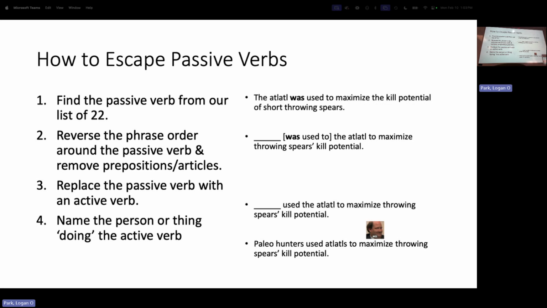But it is not particularly effective for us as storytellers, as interpreters, as people who are working to build a really meaningful connection between the topic, the thing that you're interpreting about, and participants, your visitors, whoever is consuming this interpretation. So let me give you an example with the old spear throwing device called an atlatl. The atlatl was used to maximize the kill potential of short throwing spears.